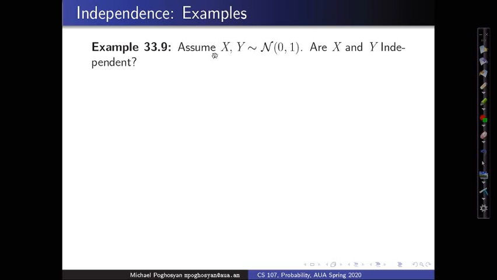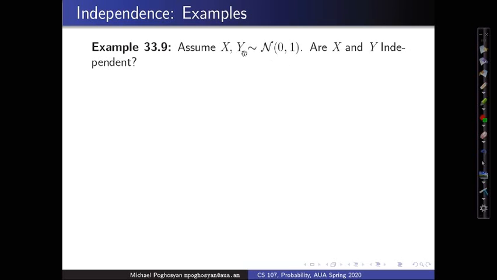Another one: x and y are normal with 0, 1, so they are identically distributed standard normals. Are x and y independent? Again, the same answer. No information to conclude. I have the individual distribution of x and of y. Maybe y is equal to exactly x. Maybe y is equal to minus x. Maybe y is defined on a completely different experiment.